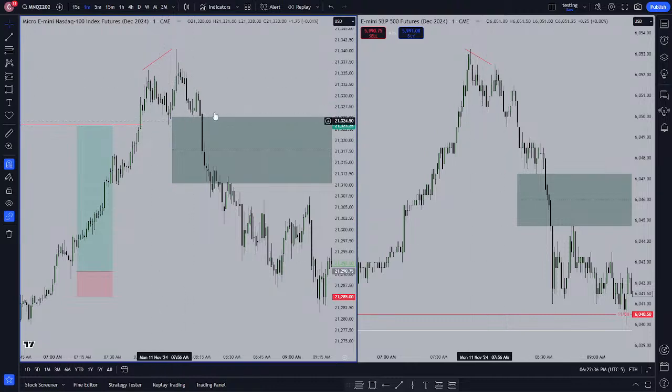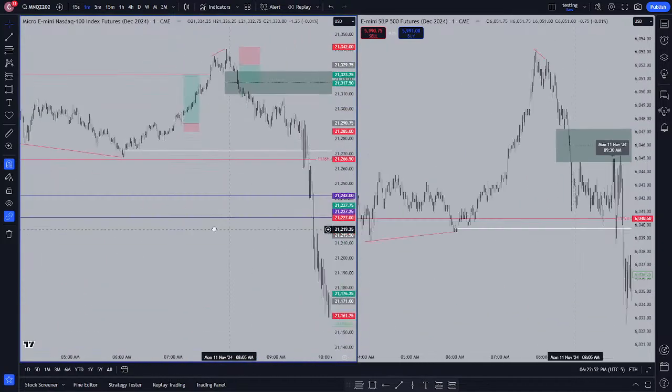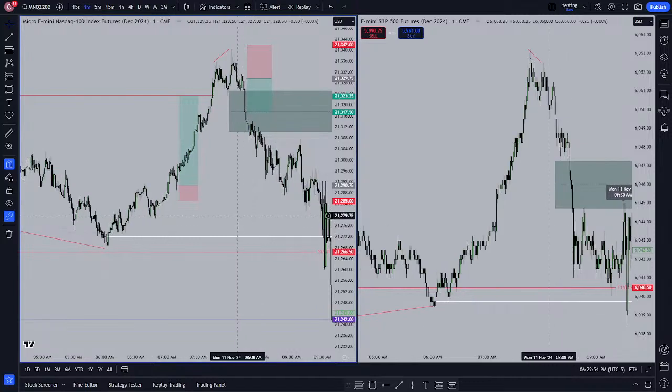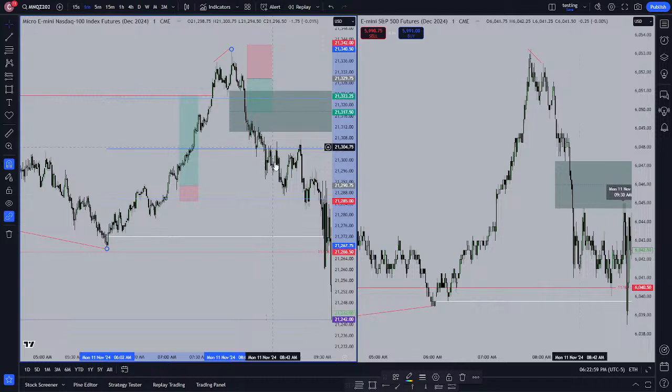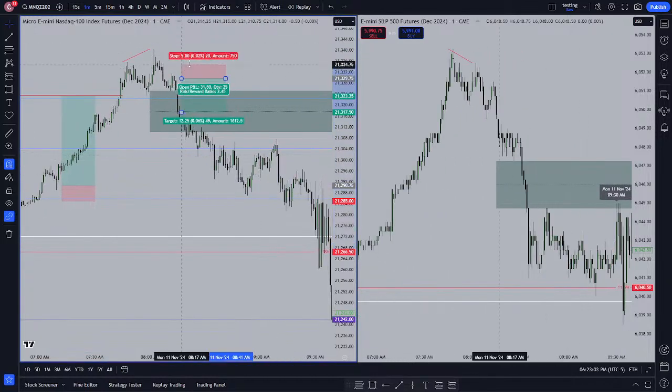If you don't trust that, well, let's say here to the 50% of the range. So you're in there, stop, above here, going to the 50.